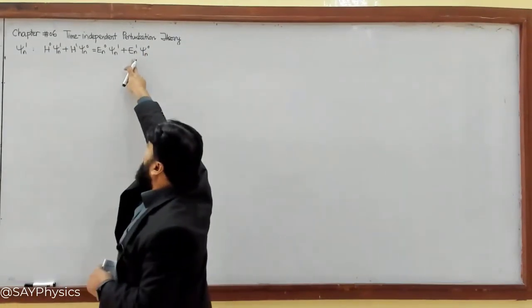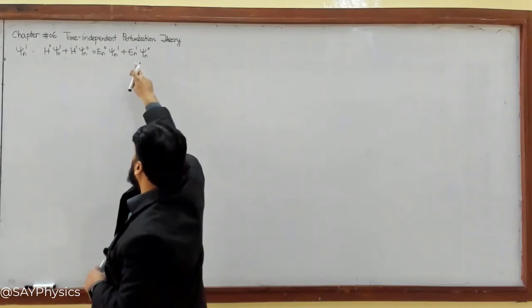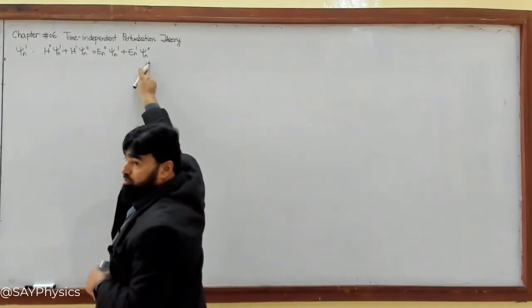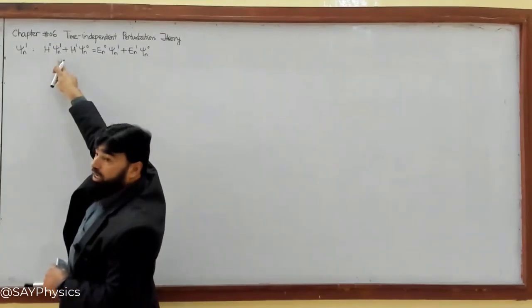En1 I have already found, en0 we know from the previous solutions, psi n0 we know from that, and psi n1 we will find out. So it is here and here.